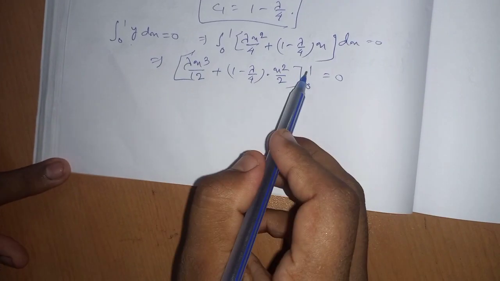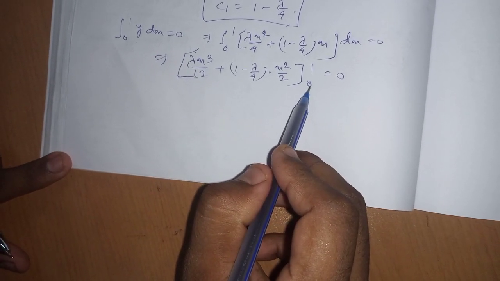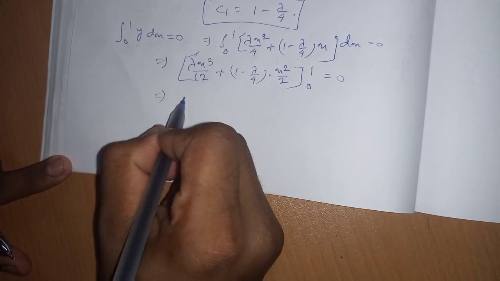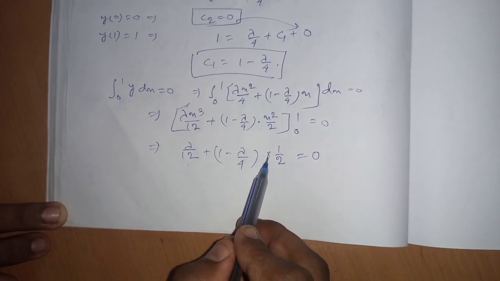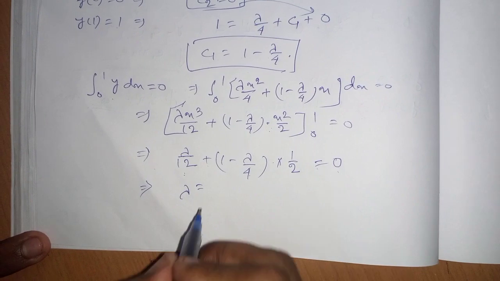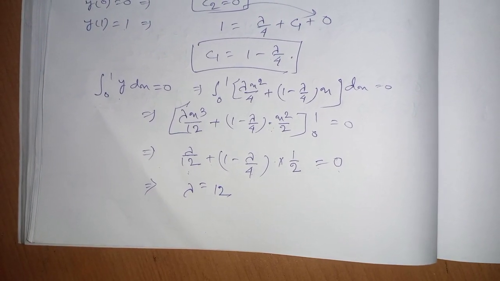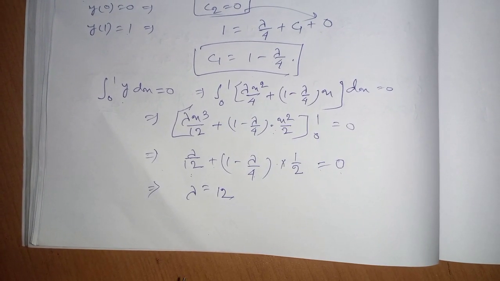If we put the upper limit, then it will be 1 and 1, and if we put the lower limit 0, so these will be 0. That is lambda by 12 plus (1 minus lambda by 4) into half equal to 0, right? Now after calculating, we will get the value of lambda, that is lambda equal to 12.